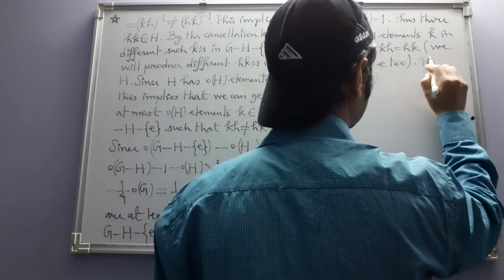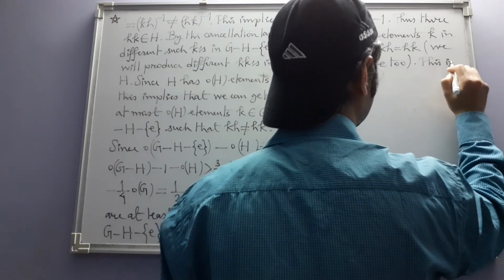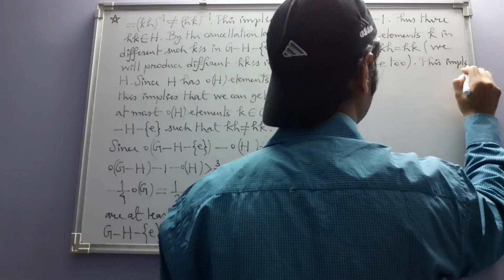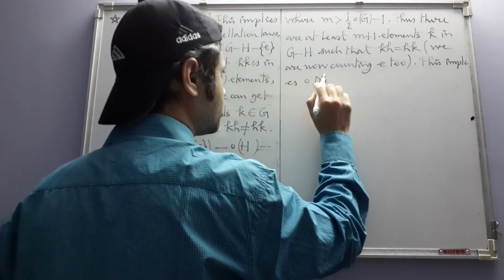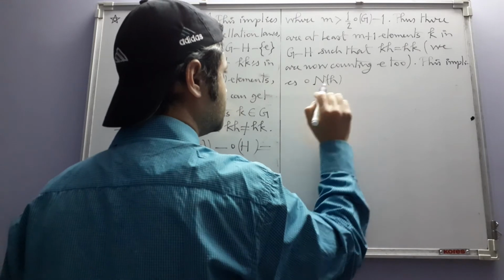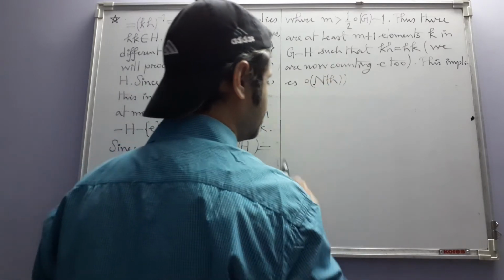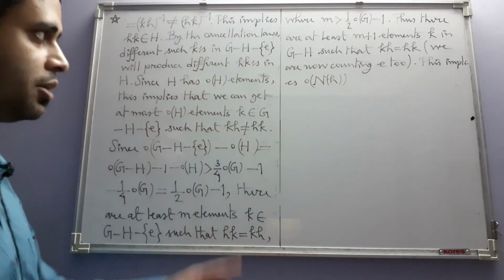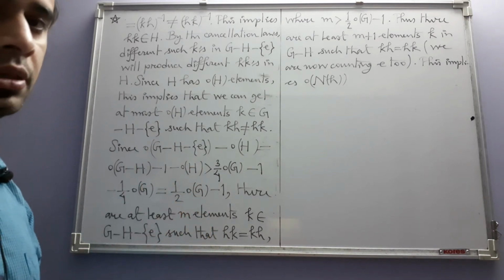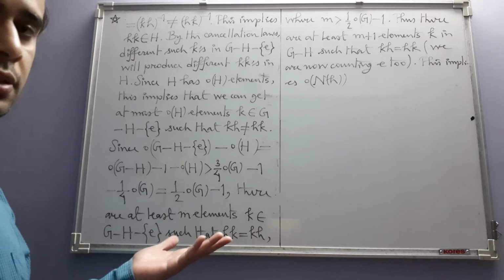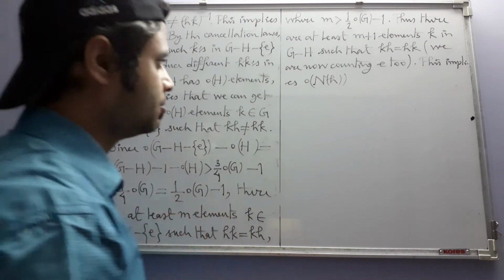This implies that the order of the normalizer of h, if you recall, the normalizer of element h is the set of those elements in the group that commute with h, and we have proved that this is a subgroup of any group.